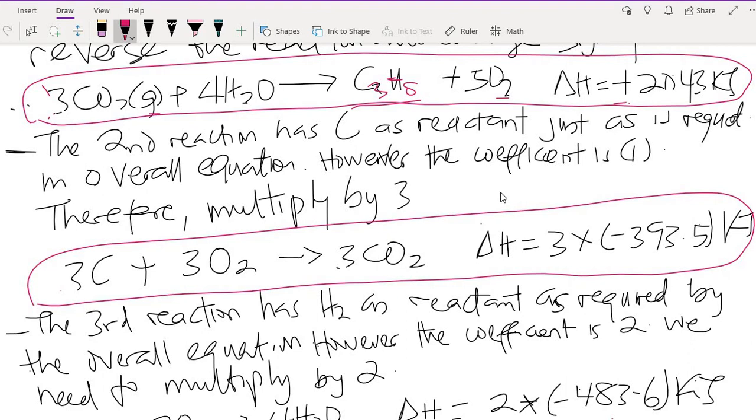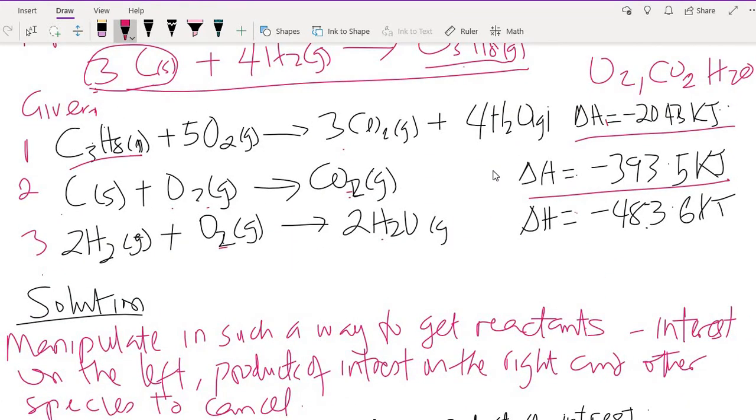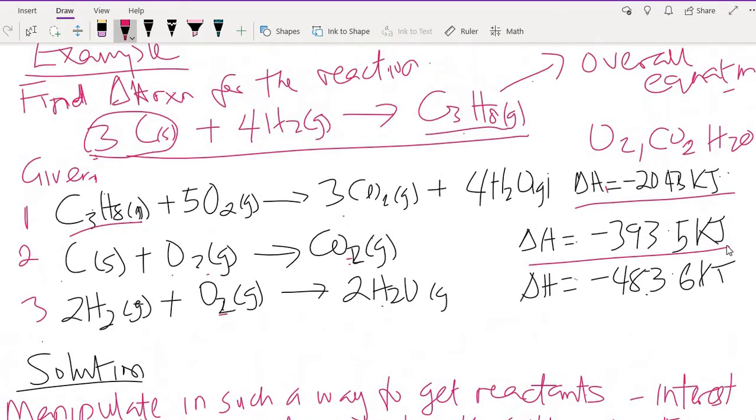And we go to the third equation. We have hydrogen, which is a reactant of interest. If you look at this third equation, we also have hydrogen on the reactant side. We do not need to flip this equation. However, we have 4 moles here and we have 2 here. What we need to do is multiply this by 2 so that we can get this.